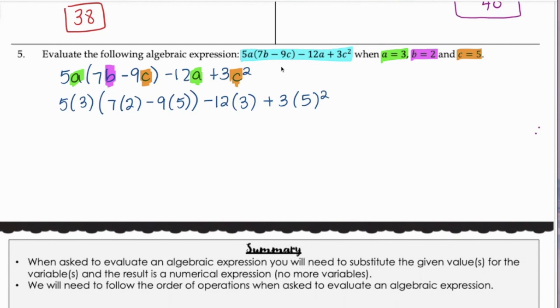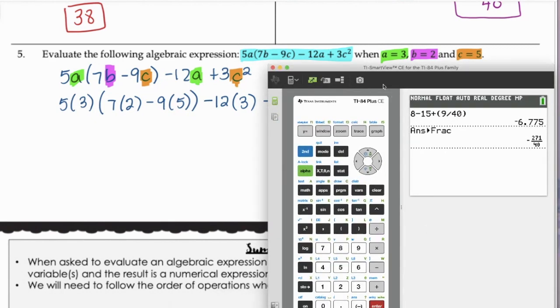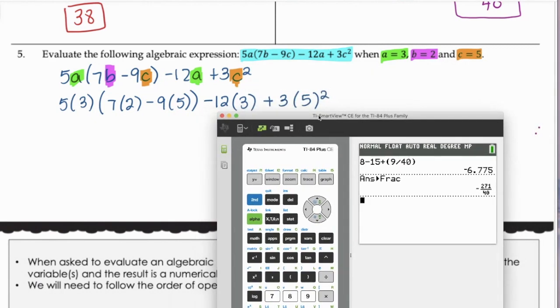I like problems that I don't have fractions in because all I'm going to do is input everything exactly as I set it up in my calculator, press enter, and the calculator's hooking it up for me. I don't need to do much thinking here. So let's do this. We got 5 parentheses 3 parentheses 7, another parentheses 2. Close it up, minus 9 times 5 or parentheses 5. Close it up.